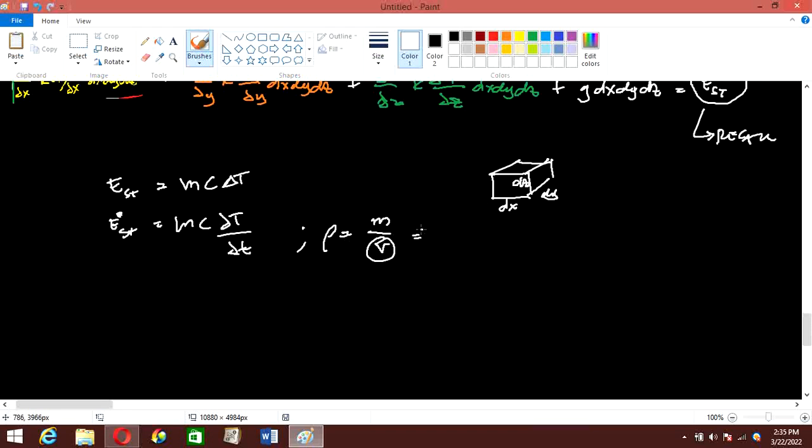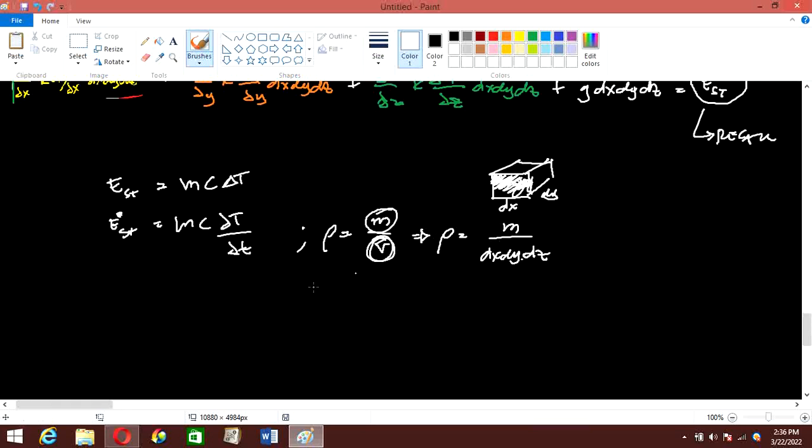So if we substitute the volume using our element, then we have dx dy dz, the volume of this element.